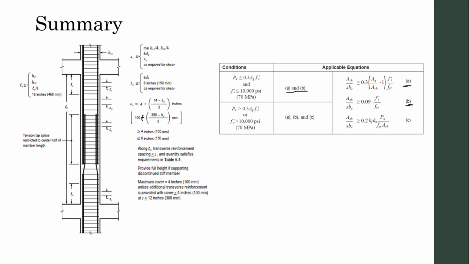And if PU is greater than 0.3 of FC prime AG, or at least one masatisfy, the compressive strength F prime C greater than 10,000 psi or 70 megapascal, you need to choose between A, B, and C. So, kailangan mong gamitin si C na ASH over SBC greater than or equal to 0.2 times factor na KF and KN times ultimate axial load PU all over Fy ng tension reinforcement times area of concrete core.